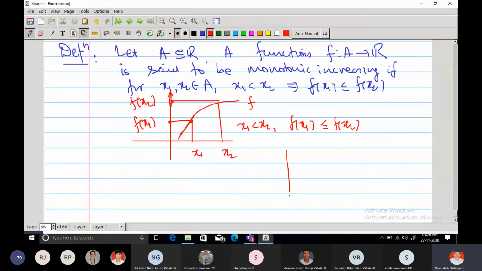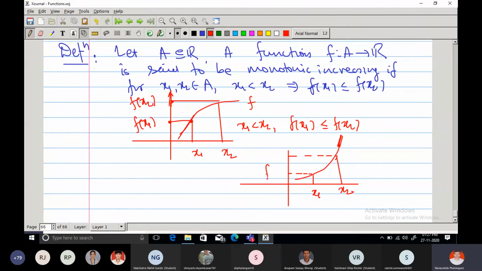Look at another situation. Another situation could be like this. So x1 is here, x2 is here, f of x1, f of x2.